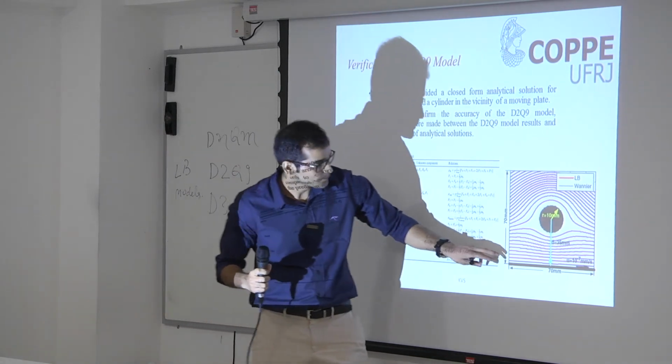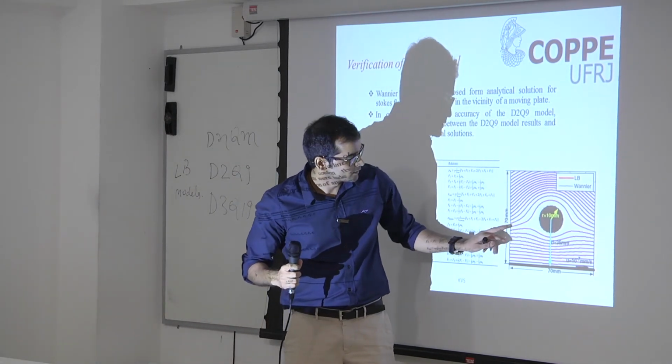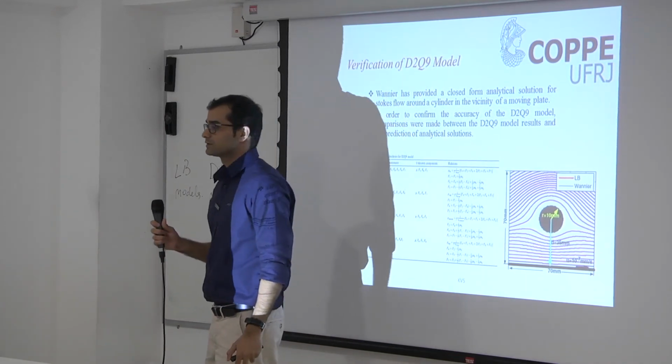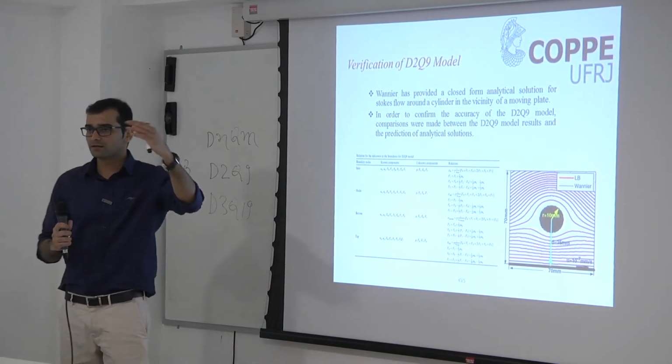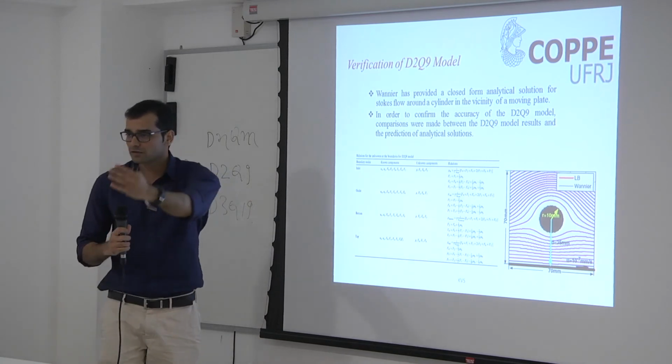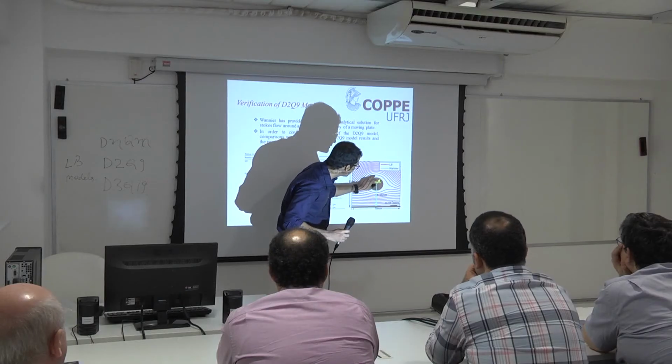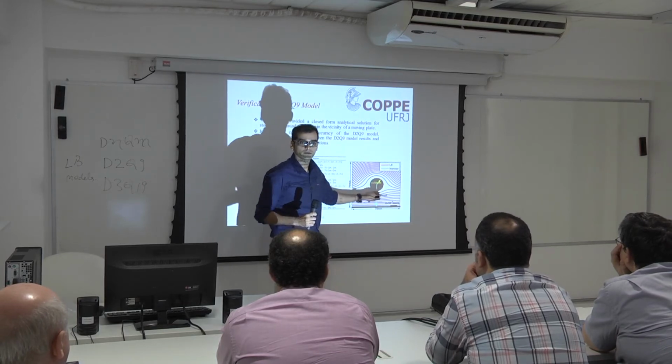So you see, these red lines are the streamlines of velocity vectors, because the streamlines are tangential to the velocity vectors. You will see they're perfectly coinciding. Do you agree?